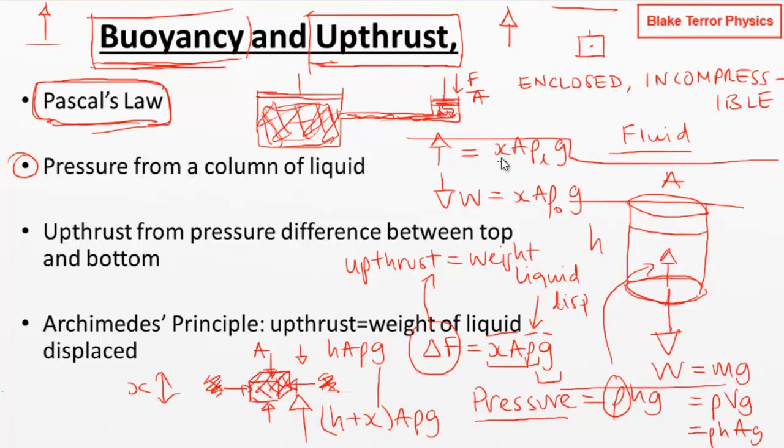So we've got the same x, A and g in both of these equations. So which one is going to be the dominant force depends entirely upon the density. So if the density of the liquid is greater, then the object will float. If the density of the object is greater, then the object will sink. So that covers everything really that's going on with buoyancy and upthrust.